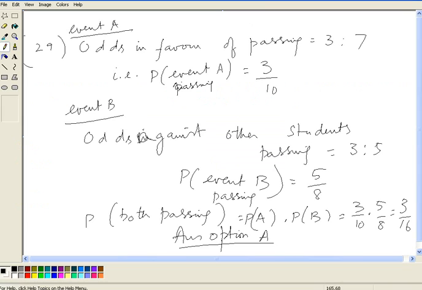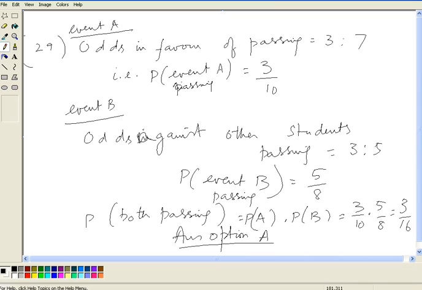Now, that is student A, the odds in favor of passing is given to be 3:7. So the probability of student A passing is given by 3 divided by the total odds in favor and against, that is 3 plus 7. So 3 by 10 is the probability for student A to pass.